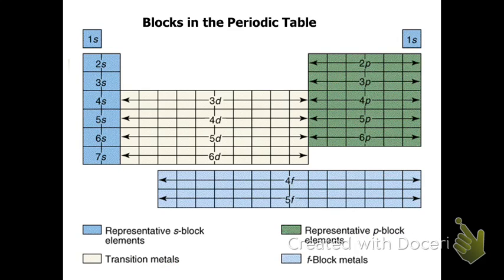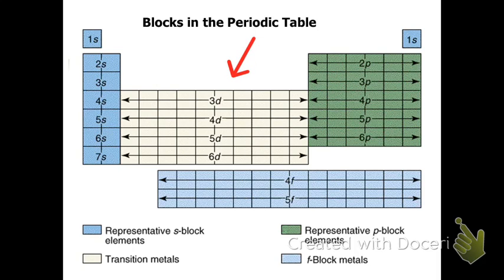Now at this point, I think it's worthwhile to take a moment to look at the blocks in the periodic table, because this really helps with electron configurations, and to see where the s block is. The s block is made up of hydrogen and the alkali and alkaline earth metals, and then the d block is in the middle, right here.